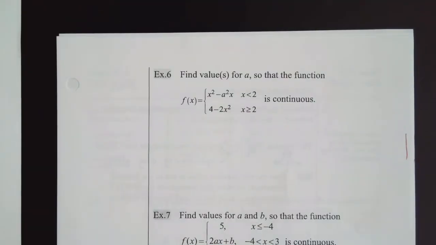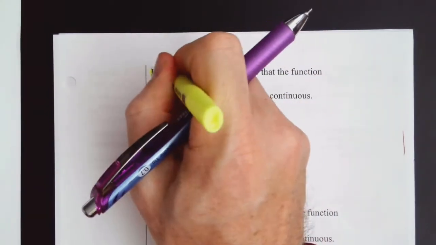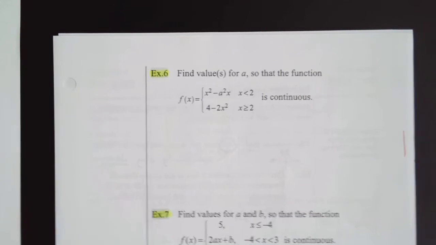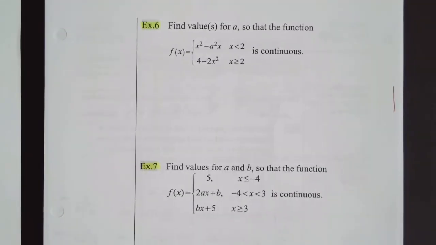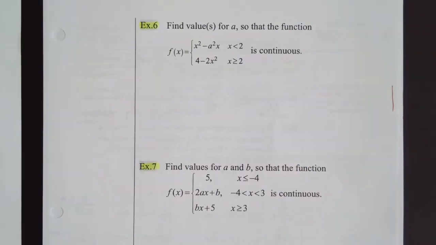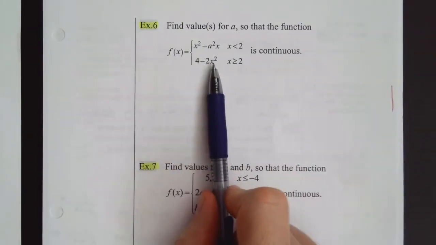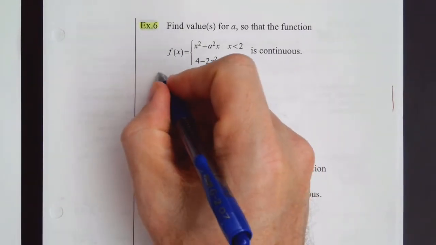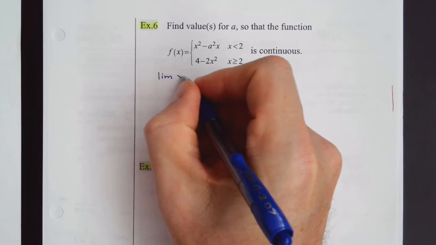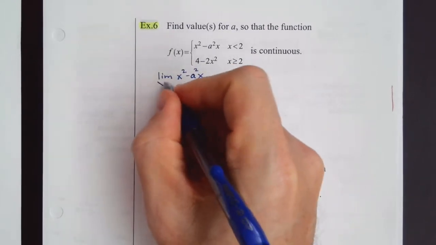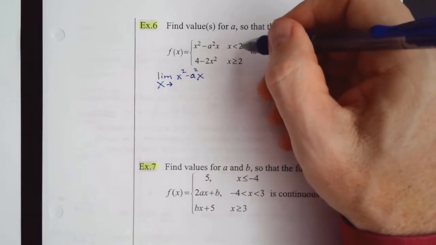These two are very common questions on the AP exam, and the last one is a real AP question. So, in order for this piecewise defined function to be continuous, the two pieces have to meet at the same point. So what we need is the limit of x squared minus a squared x as x approaches... what are they approaching?